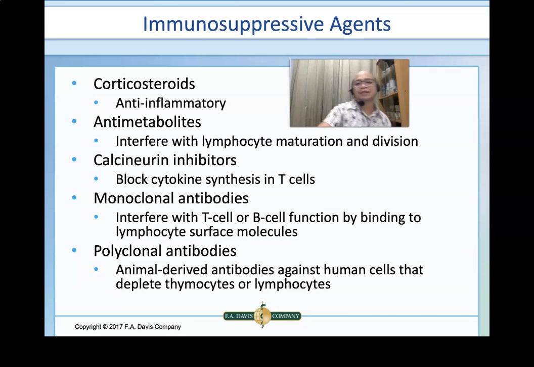So what are the drawbacks of using immunosuppressive agents? The drawback is that it will make the recipient immunocompromised. Of course, the advantage is that the possibility of rejecting the newly transplanted organ would be minimized, but not really 100% assured. But one thing is for sure, you will be immunocompromised. So you really have to take care of yourself and prevent opportunistic infection.